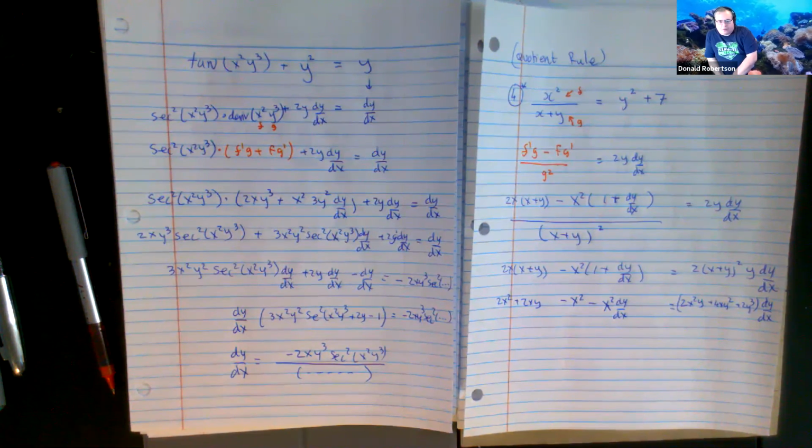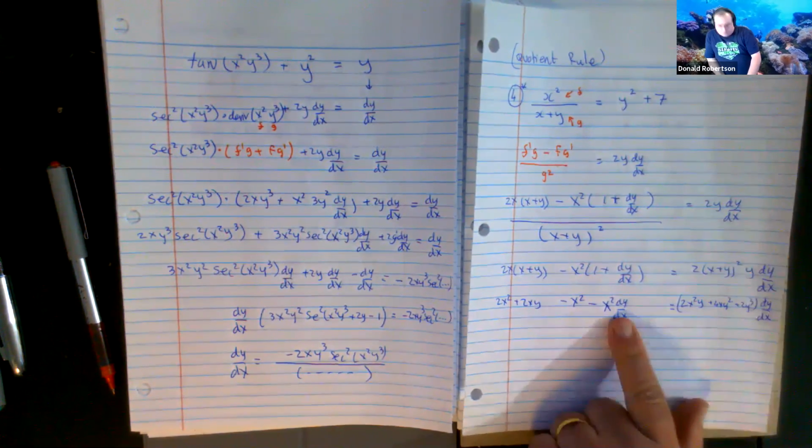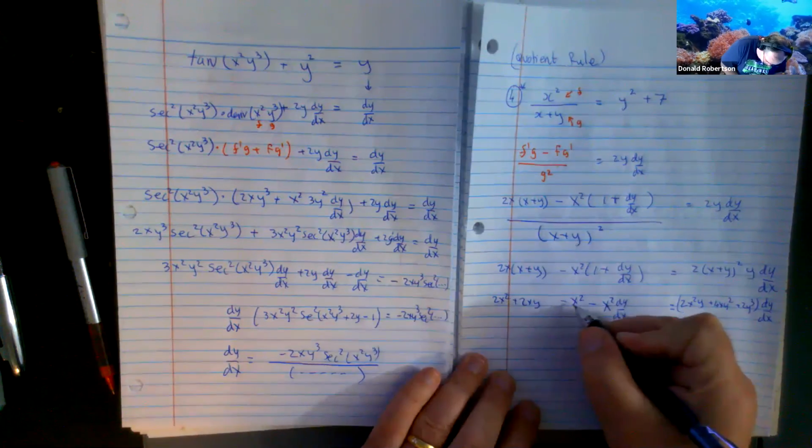Well, we're not far away from the end. Your ultimate goal is to get dy by dx on its own. We can group the terms that have dy by dx. Okay, so doesn't that mean this guy has to come over here? Probably. Yep. Right, so let's add it to both sides then. Oh, and while I'm at it, let's take care of those 2x squared.